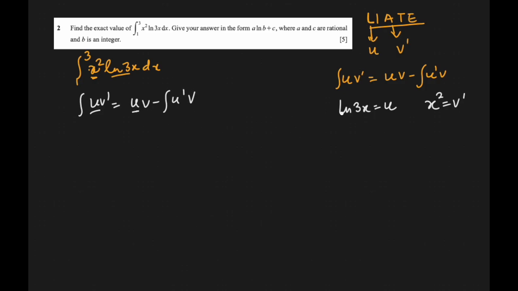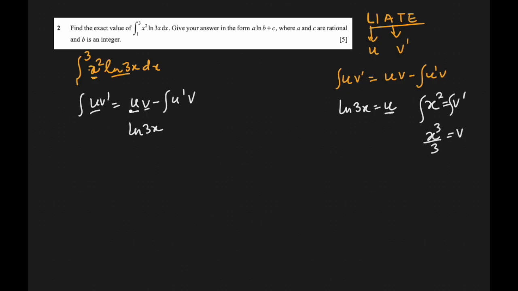So u is ready-made with us, natural log of 3x. V is not with us, we have v prime, so we'll integrate it. Integration of a differentiation is just v, and this will be x cube over 3.